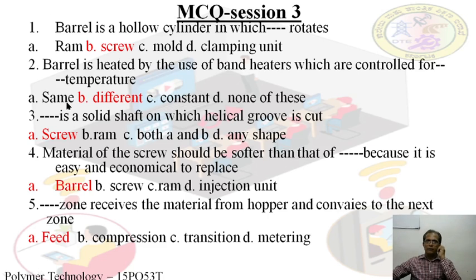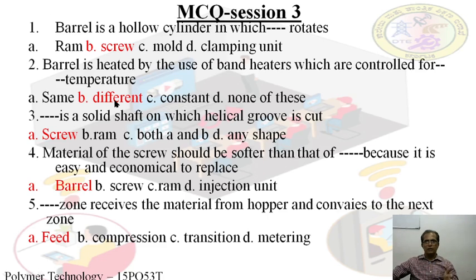In the barrel, we need to set different temperatures. With the temperature same, of course, we will not be able to get a molten homogeneous melt. So different temperatures are required. In the entry zone, temperature must be low.